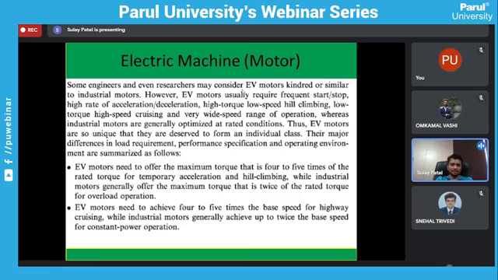Again, when we are cruising on the highway, if we want high initial acceleration, then again we require a very high torque. And if we want to drive a vehicle at very high speed, around 140 or 160 kilometers per hour, then the electric motor RPM is around 12,000 or 10,000 RPM.